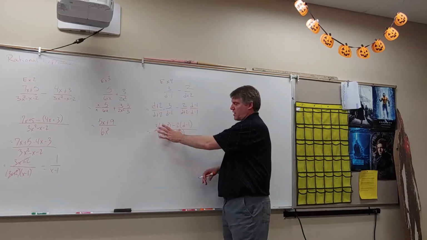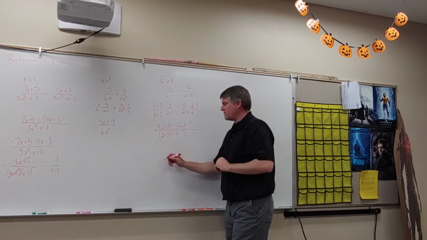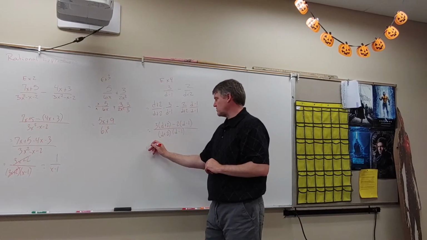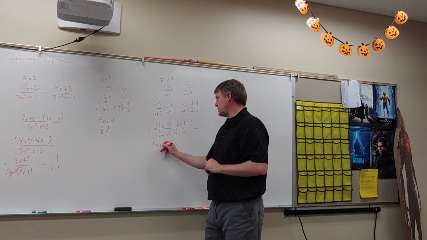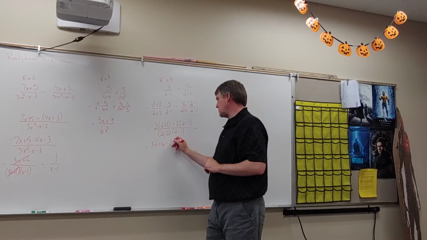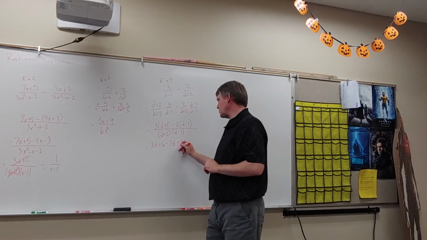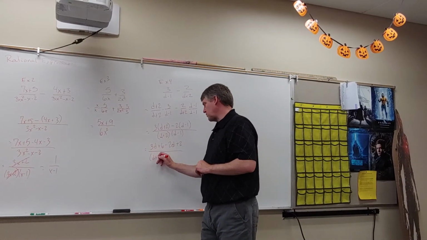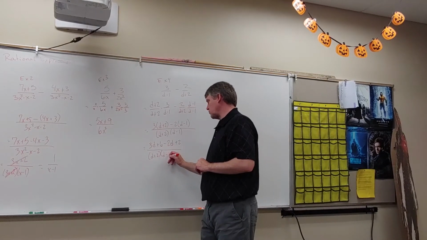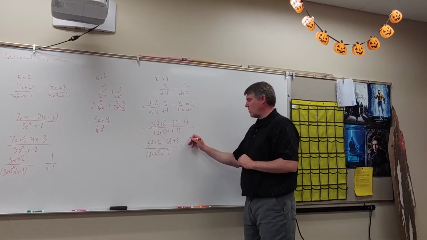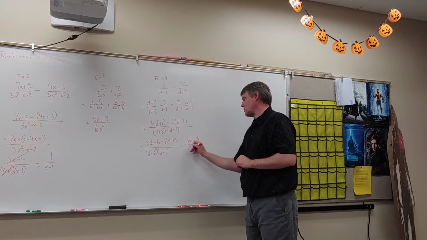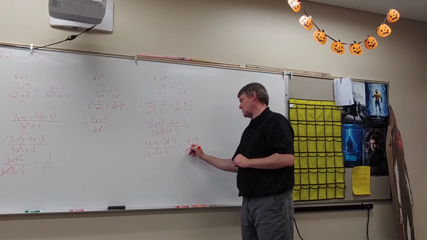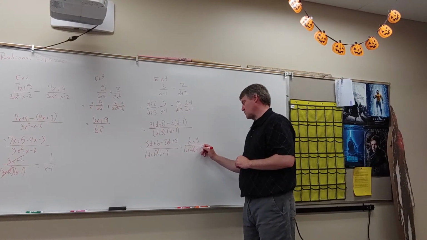So I'm going to multiply through by 3 and negative 2. So I can simplify this. So this becomes 3d plus 6 minus 2d plus 2, and so all over d plus 2 times d minus 1. Simplify now, d plus 8 over d plus 2 times d minus 1.